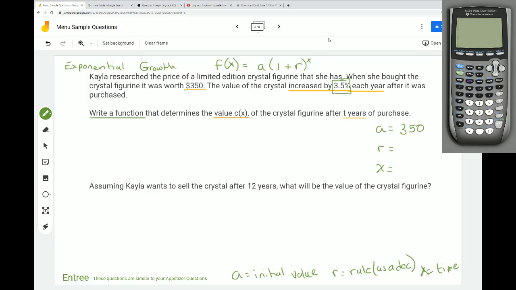In order to figure that out, you take your percentage and divide it by that magic number for percents known as 100. So 3.5 divided by 100 gives us 0.035. So our rate is 0.035.